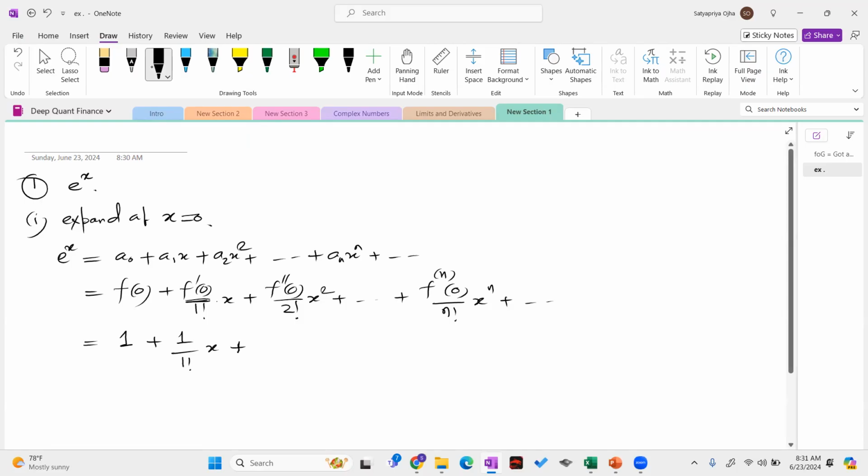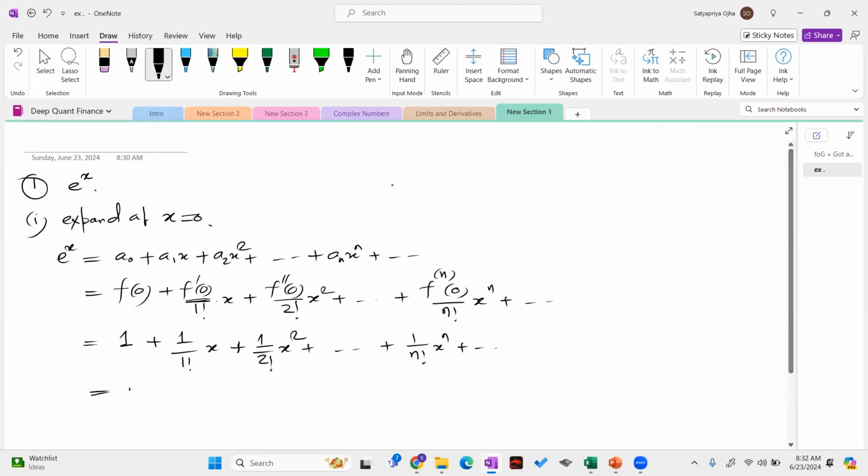Second derivative of e to the power x at x equal to 0. Again 1, right? Always 1. 1 by 2 factorial x squared. 1 by n factorial x to the power n.